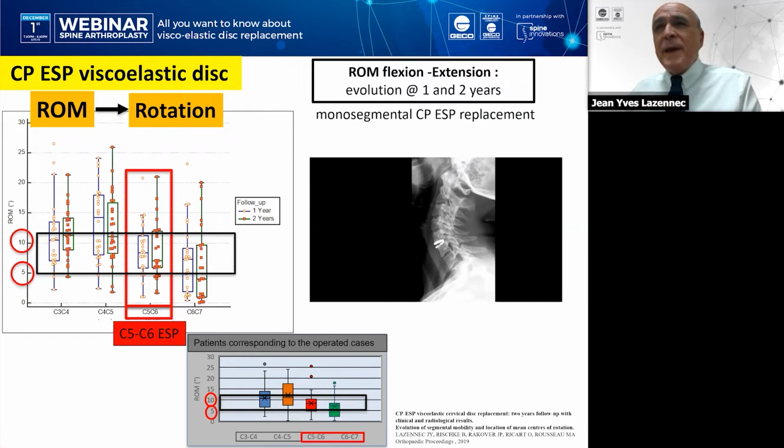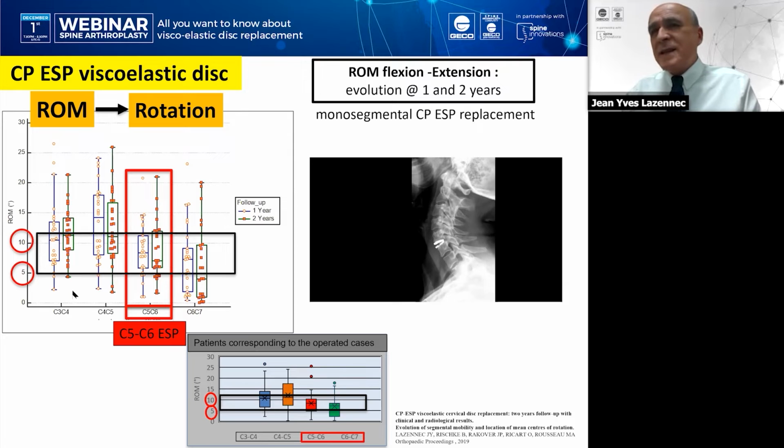So when we speak about range of motion, we are able to analyze the different levels. Here you have C3, C4, C4, C5, C5, C6, for example, for a C5, C6 ESP, and C6, C7. And you have here the range between 12 and 5 degrees.